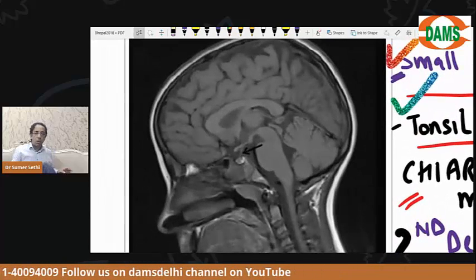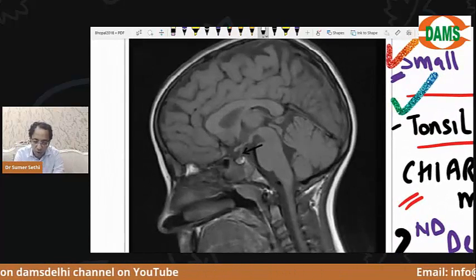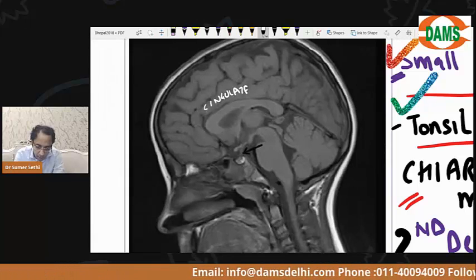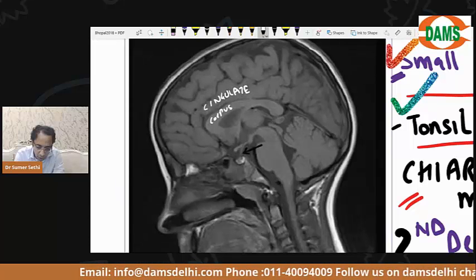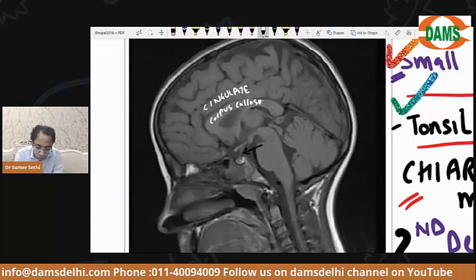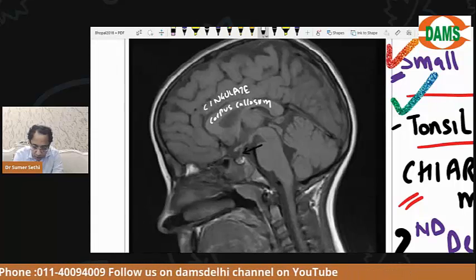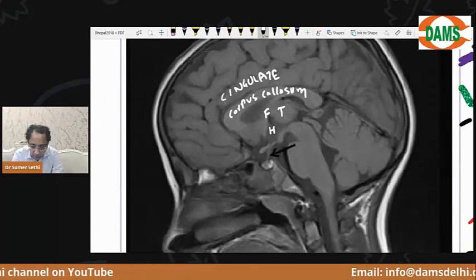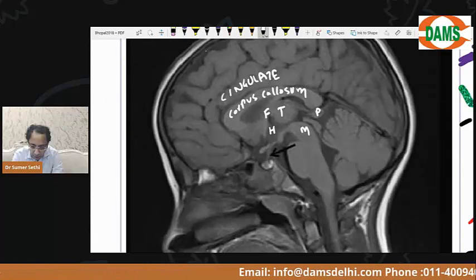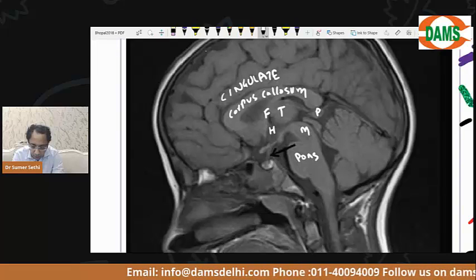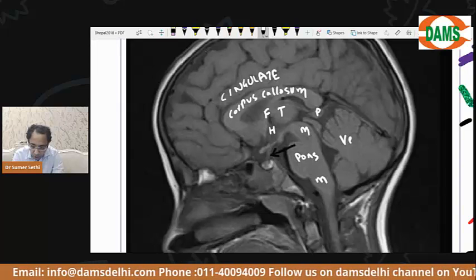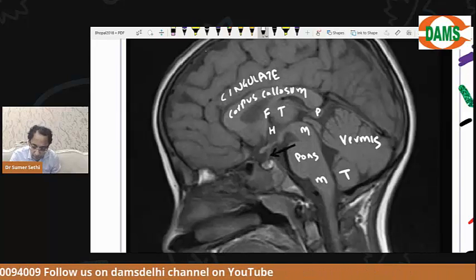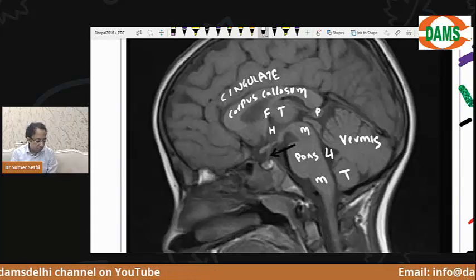Okay, so I will now quickly revise the anatomy that we have seen so far. We saw the cingulate gyrus. We saw the corpus callosum, the genu, the body, the splenium. We saw the fornix, thalamus, hypothalamus, pineal, midbrain, pons, medulla, vermis, tonsil.